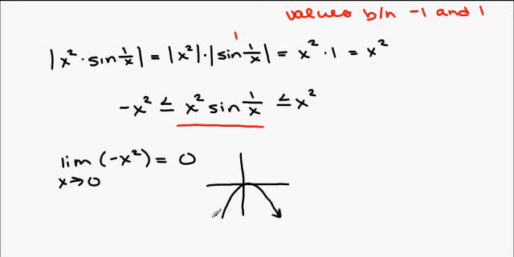And parabolas by default, mine's a little off center here, have their vertex at 0, 0. There's no plus or minus anything here, so this is just an upside down parabola with a vertex at 0, 0. As you approach x equals 0 from either direction, y also equals 0.